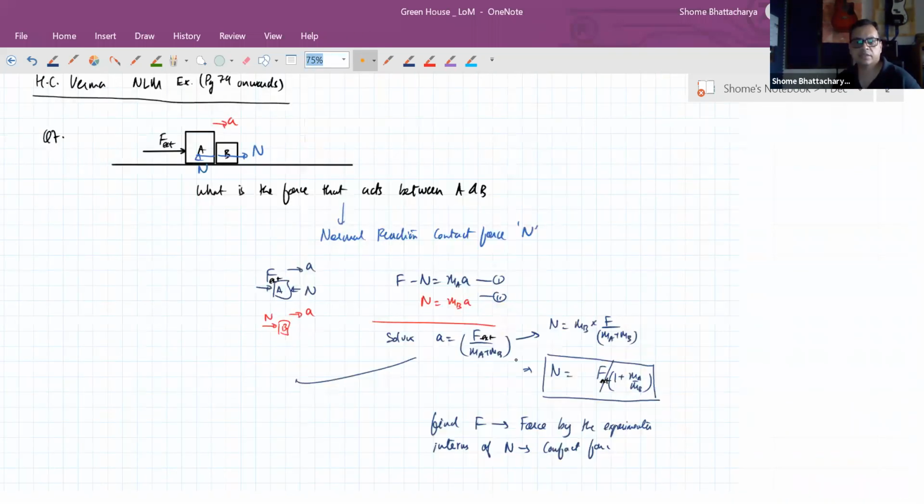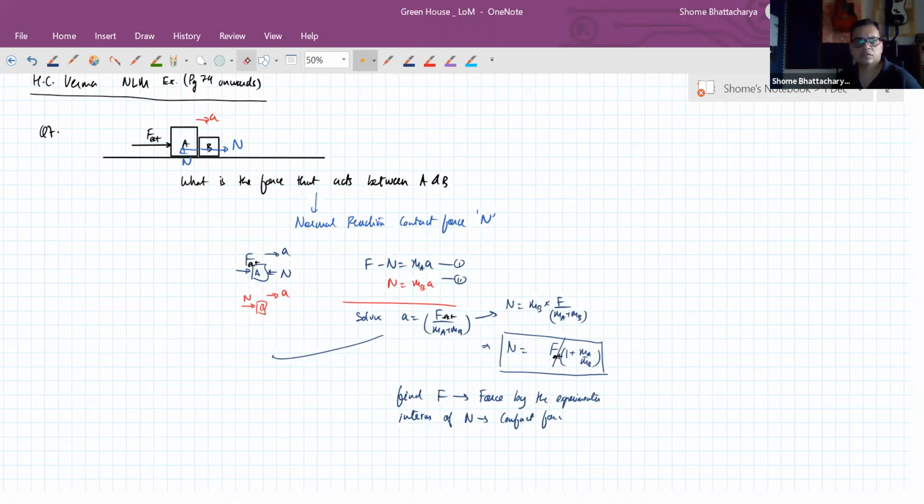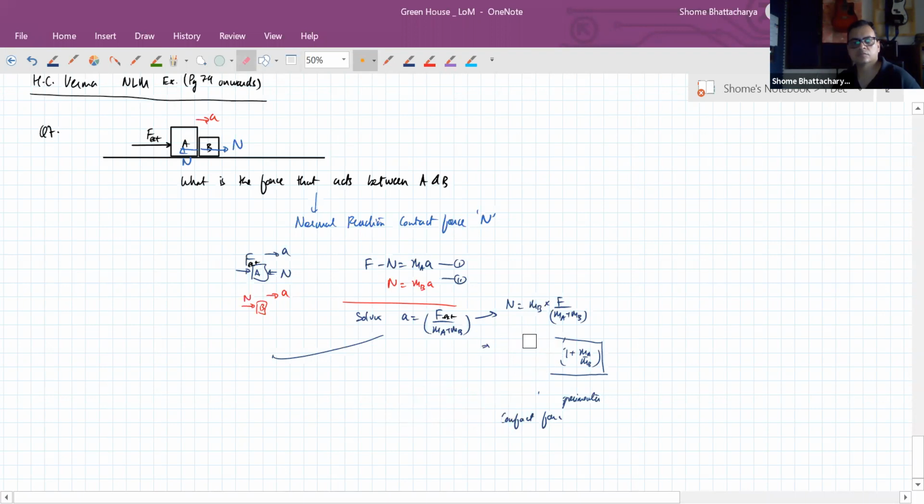You have to understand that carefully. So forget about this step now. This is the relationship between the normal contact force and the external force. So this is the equation.